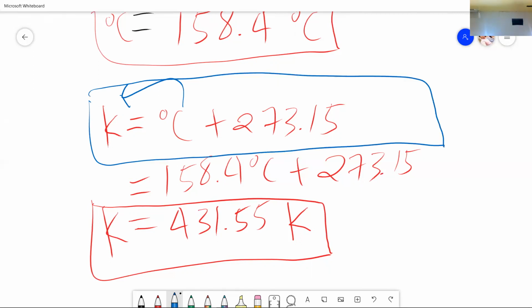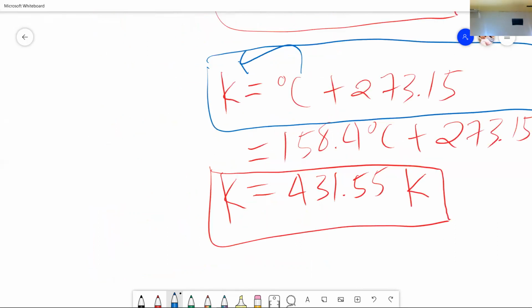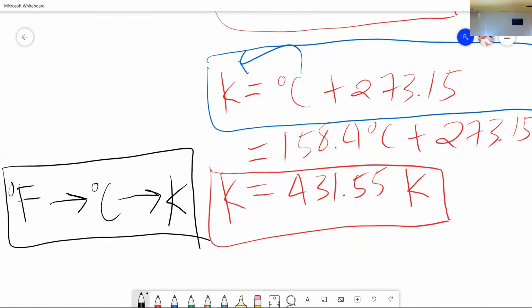Just add, and then we have the final product. So from degree Fahrenheit to degree Celsius to Kelvin, that is the process to convert degree Fahrenheit to Kelvin.